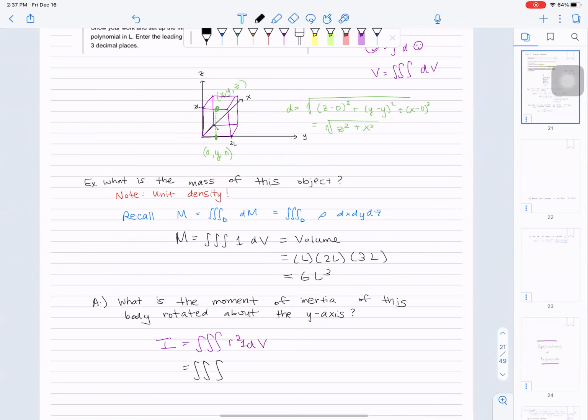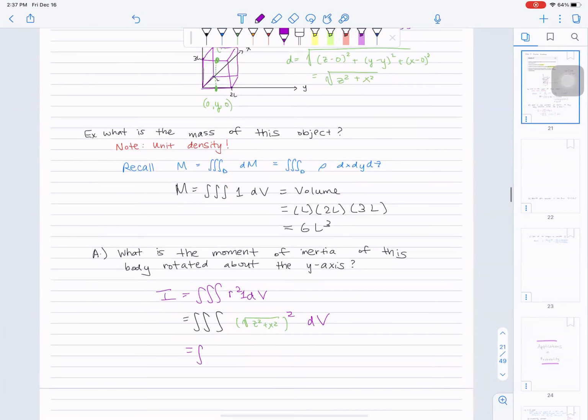So we have the triple integral of r, which is the square root of z squared plus x squared, dV. In other words, we have z squared plus x squared dV, because the square root and the squared canceled.